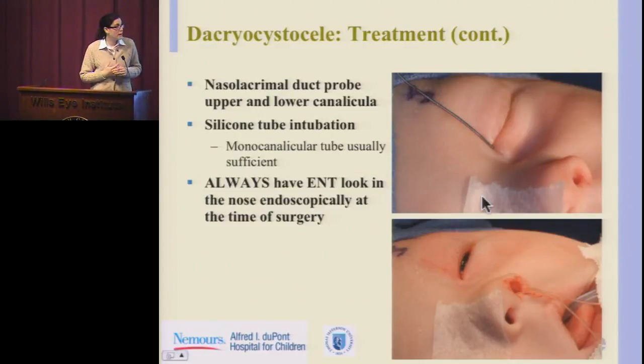When I was a fellow, one way that we would kind of avoid going to the OR is we did probe these children in the office or if they were admitted on the floor. And it's not the most fun thing to do to a child, but they're little, you papoose them, and it's relatively fast, and we didn't put a tube in, but we just did the probing.